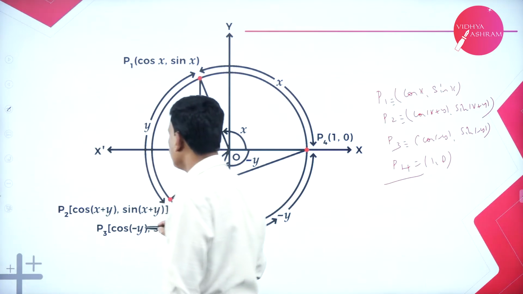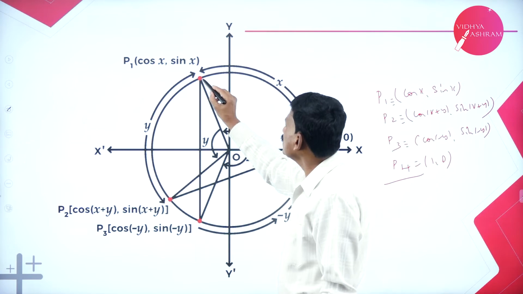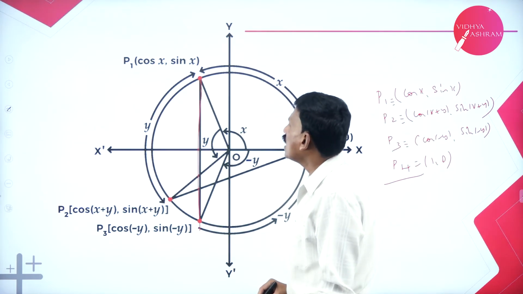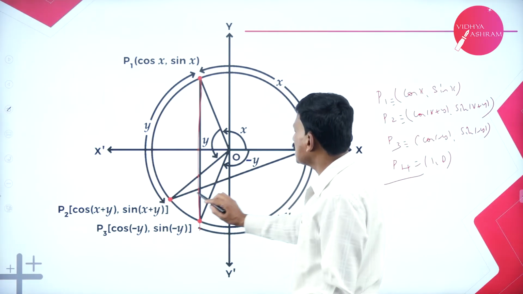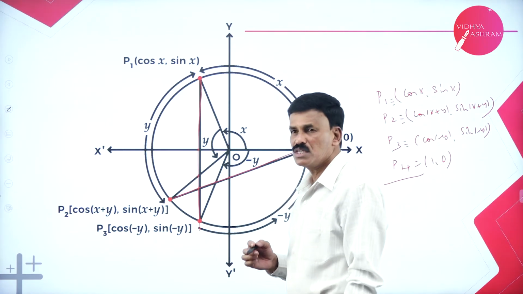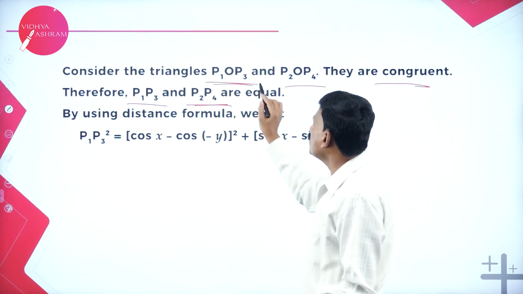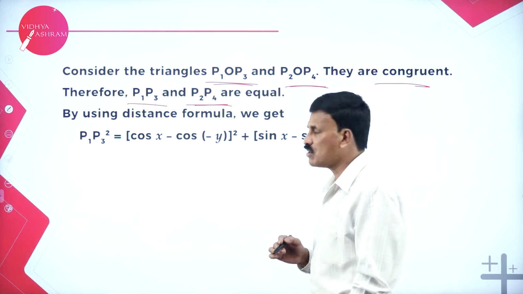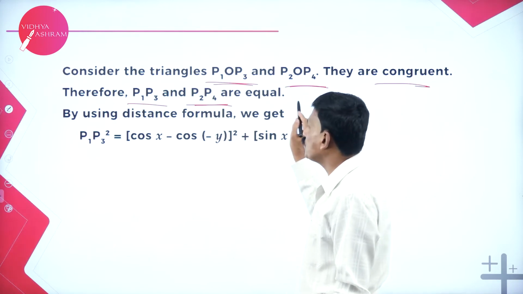The total distance from P1 to P3 and the distance from P2 to P4, these two distances are the same, since the triangles P1OP3 and P2OP4 are congruent. Therefore, the distances P1P3 and P2P4 are equal.